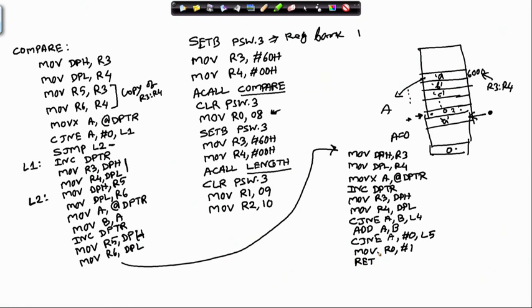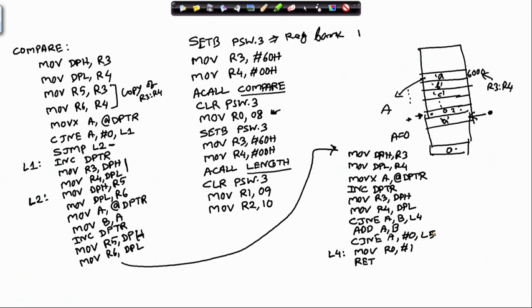And this L5, this L4 is actually this point, MOV R0, #0. So, this is the point L4, okay. This is the point L4 and this is CJNE, the characters are same, but they are not 0.